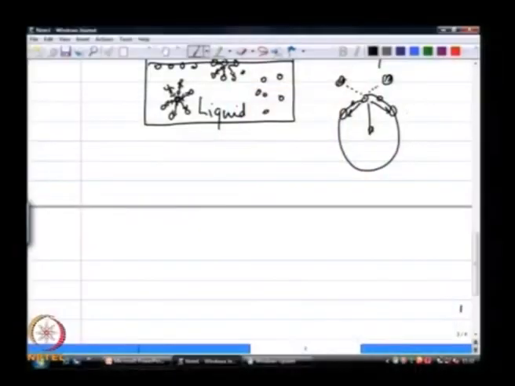Okay. So, the net result of all this is that if I take a certain volume of liquid, let us say a cube of liquid, and I leave it in thin air in a microgravity condition, these kinds of forces essentially drive that cube of liquid towards a configuration where the surface area is minimal.